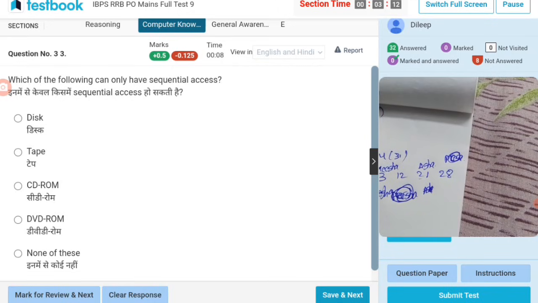I think first line. Which of the following can only have sequential access? So CD-ROM or tape.